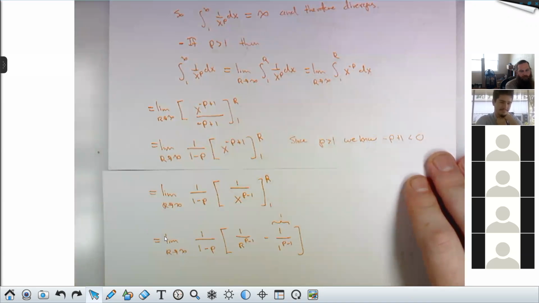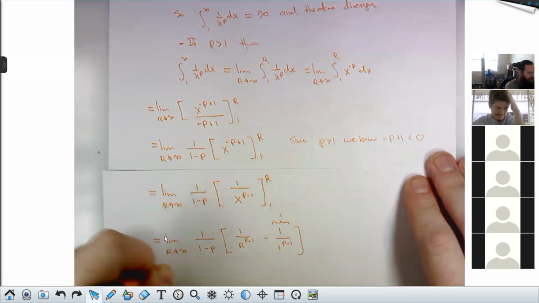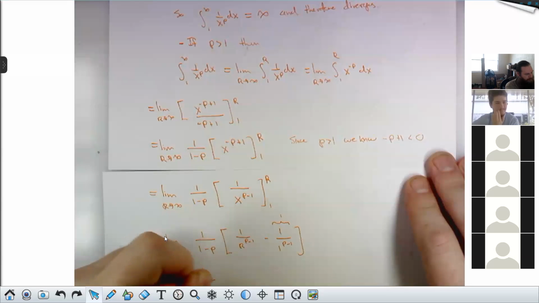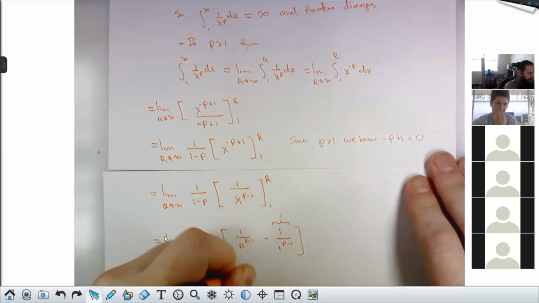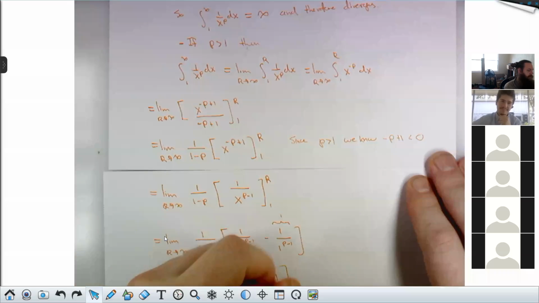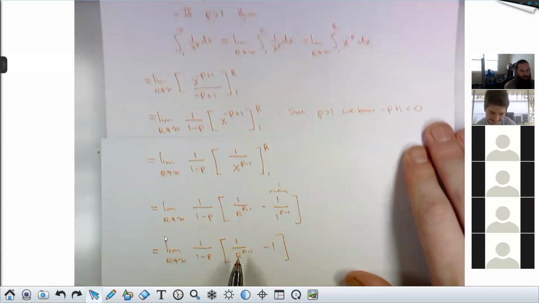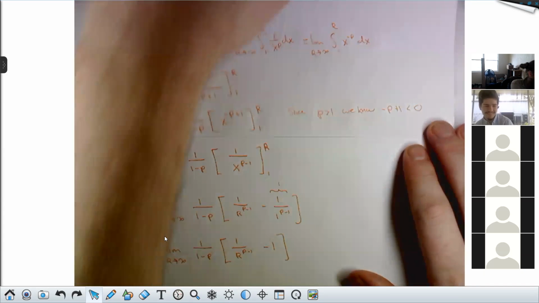The whole piece there. 1 raised to the power p minus 1, that's 1 to a constant power. 1 divided by 1 is 1. The other piece we have to think about a little bit. What does this piece do as r goes to infinity?